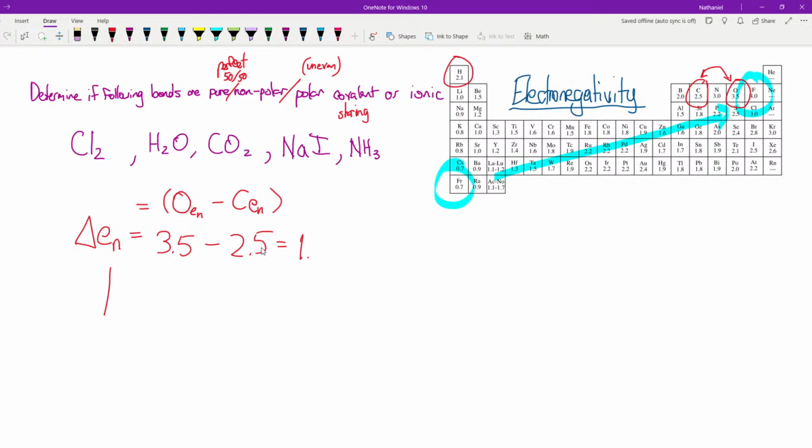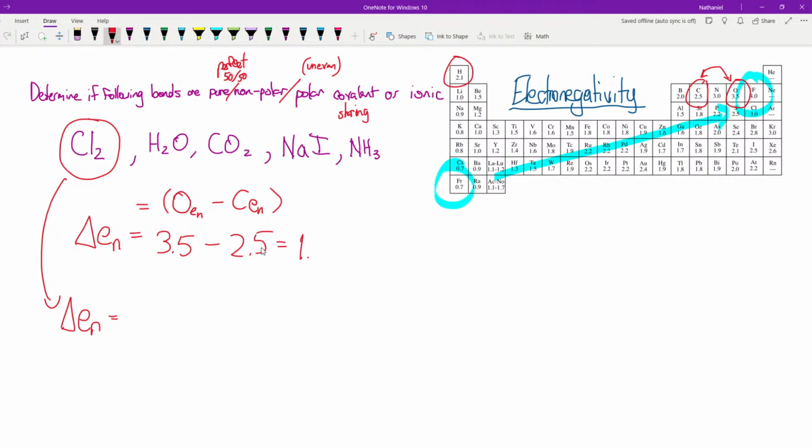Right. What we're going to do is put that on the scale because, for example, chlorine and a chlorine. What's the difference in electronegativity here? It's the electronegativity of one atom, so the chlorine, minus the electronegativity of the other atom, so the chlorine. Well, wait a second. They have the same value because they're the same atom.